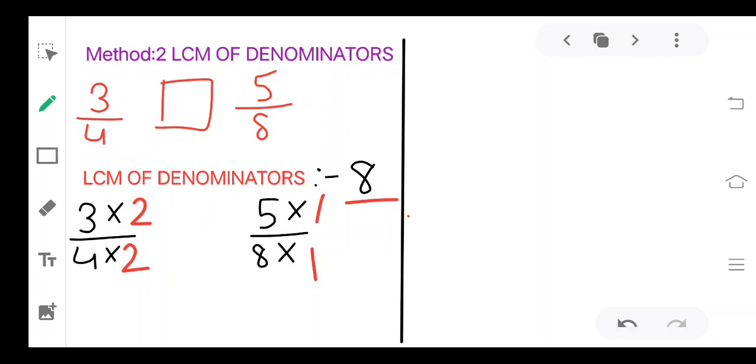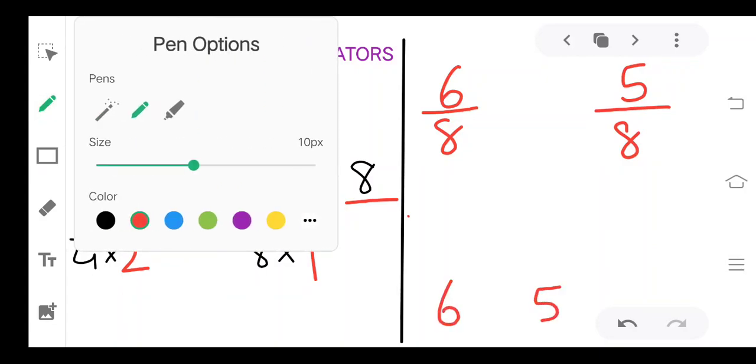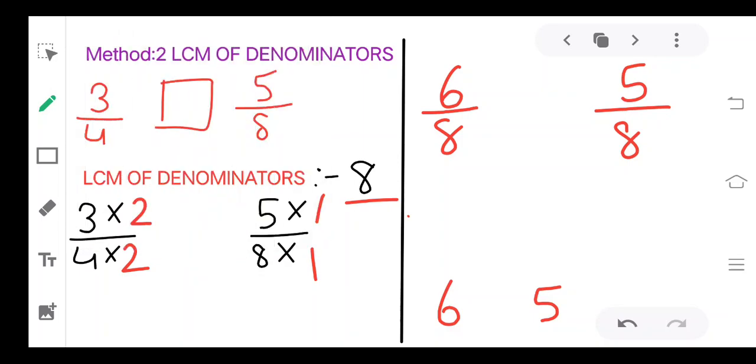So we are going to write the answer. 3 2s are 6, 4 2s are 8, 5 ones are 5, 8 ones are 8. Again, the denominators are the same. So we have to compare 6 and 5. As you can see, 6 is greater than 5. So 3 upon 4 is greater than 5 upon 8. So this is our answer.